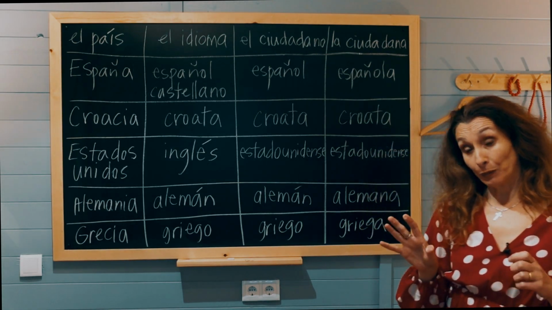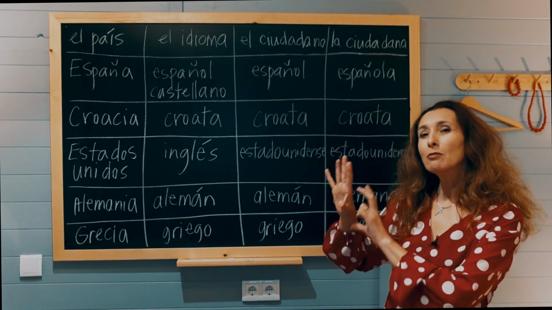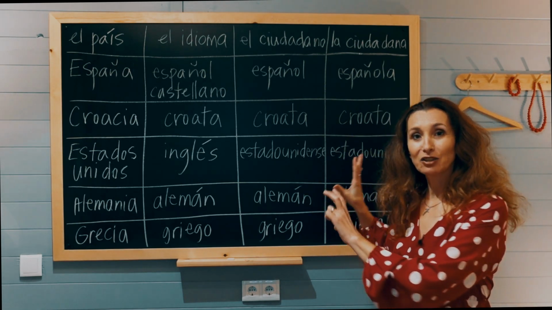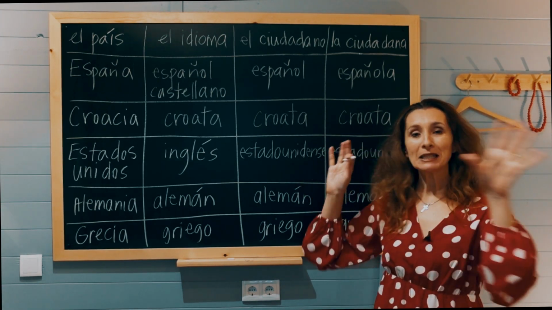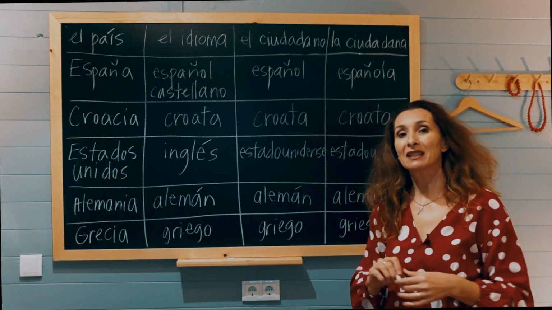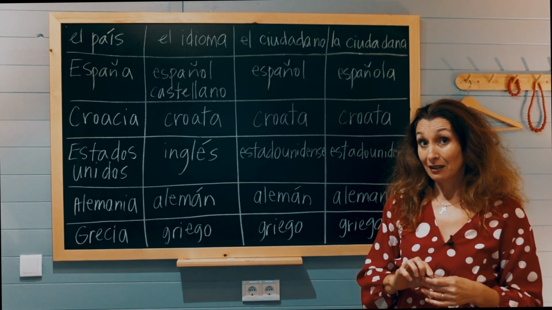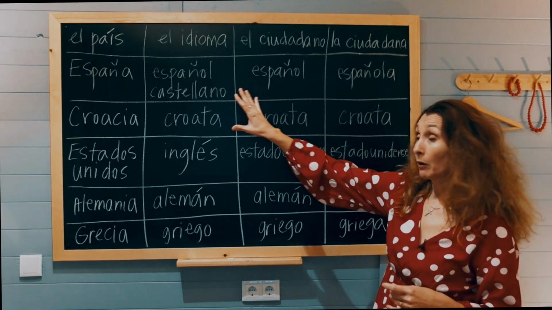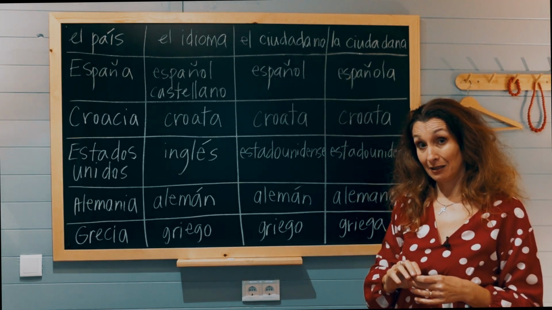Okay, so as I said at the beginning, this is not so much a lesson in geography or geopolitics. This was also meant to show you how gender works when we talk about countries, languages, and nationalities.